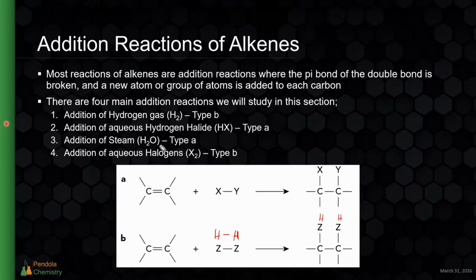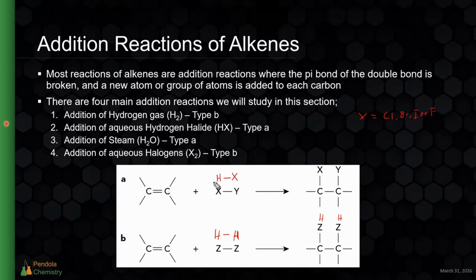We are also going to look at the addition of a hydrogen halide. Remember, a hydrogen halide is a compound made of a halogen and a hydrogen. Halogen, X, being either chlorine, bromine, iodine, or fluorine.